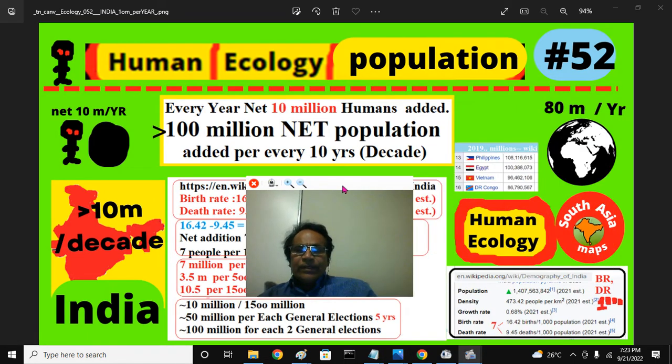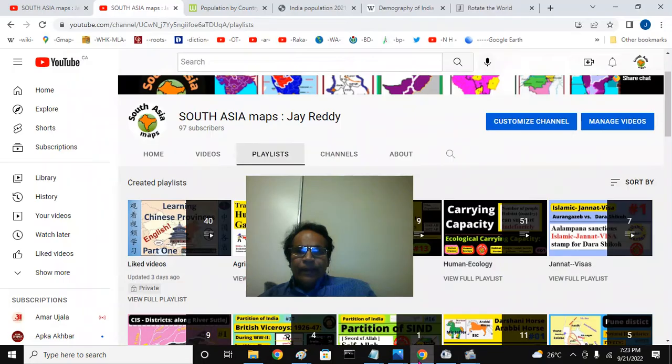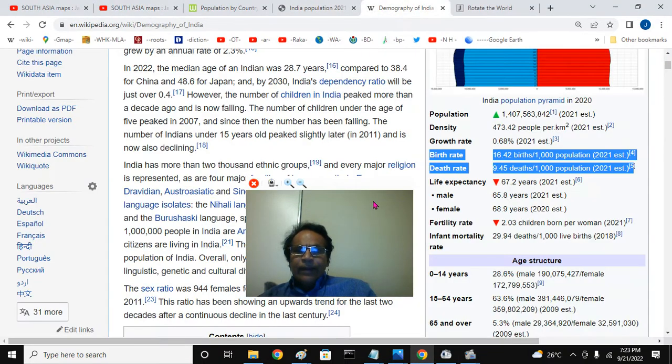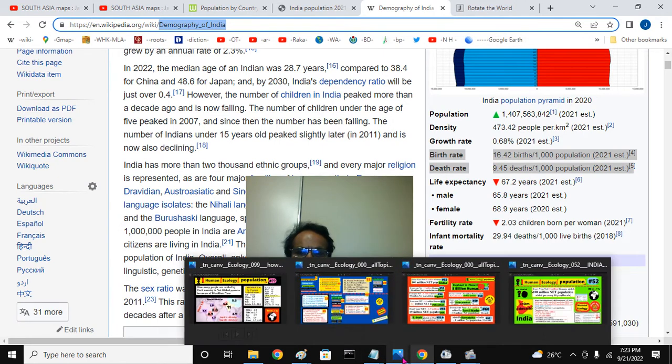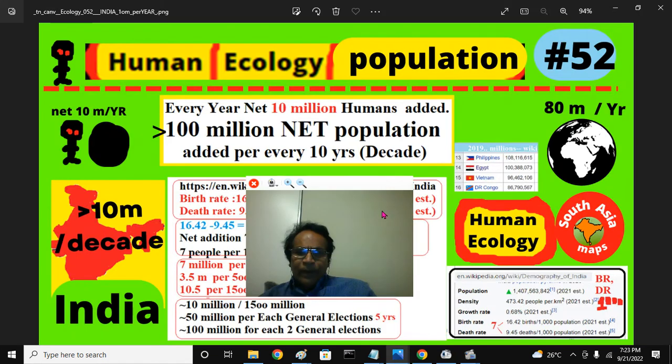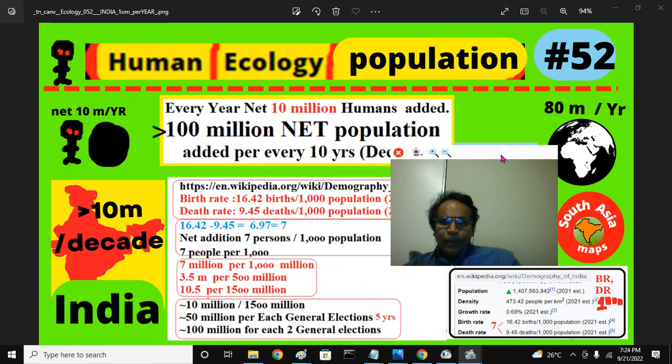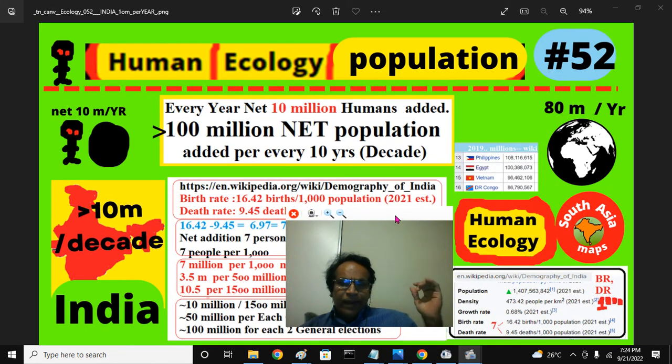This is the website I have gone to. You can go to Wikipedia, see Demography of India, and I have gathered that information here. This is the information, birth rate and death rate, I have gathered here. One important thing I would like to mention is that how many people per year are added to India depends upon what information you are getting from.